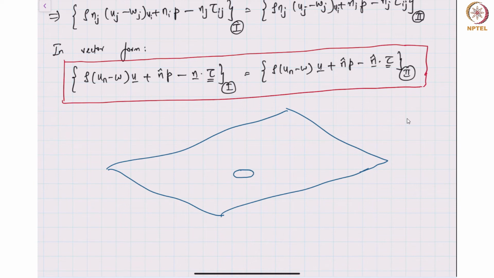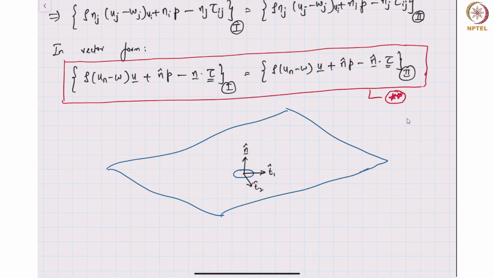And on that region I have a normal vector, and I can have two tangent vectors. All right. So we will also label this equation. We'll call this equation double star.